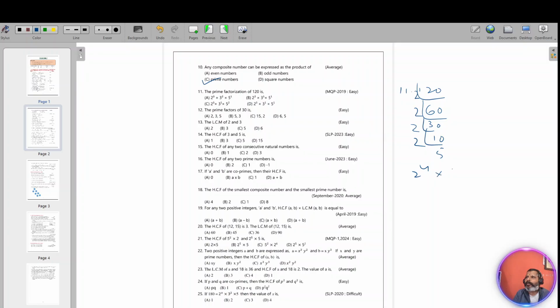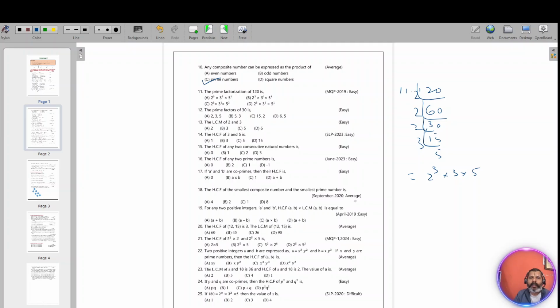That is 2 to the power 4 into... My mistake, I did a mistake there. Pardon me for that. 2 60s are 120, 2 30s, 60, 2 15s are 30, 3 5s are 15. So 2 cube into 3 into 5.